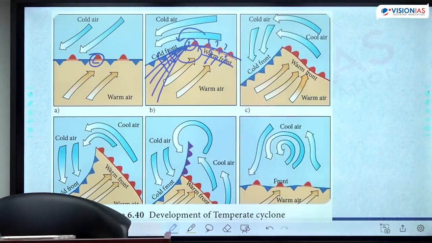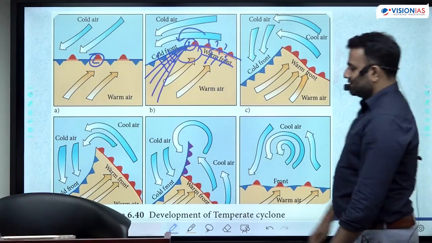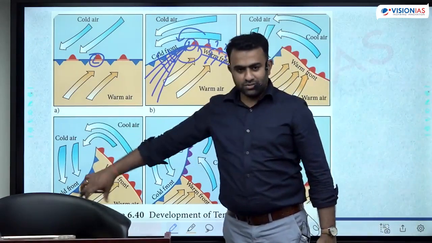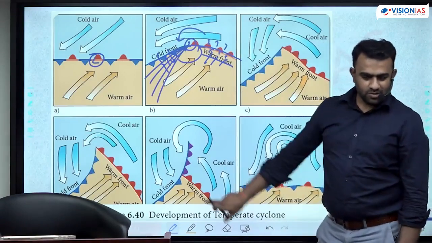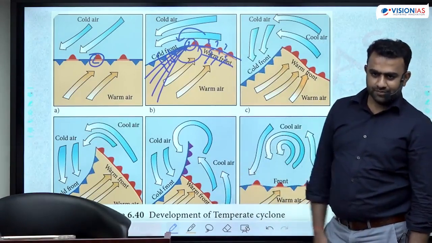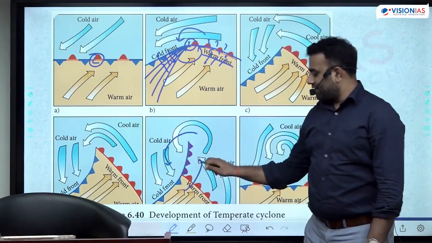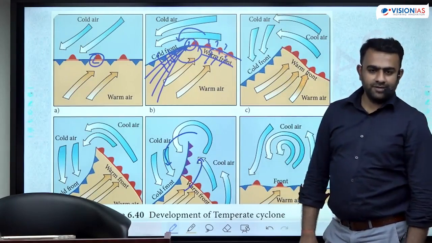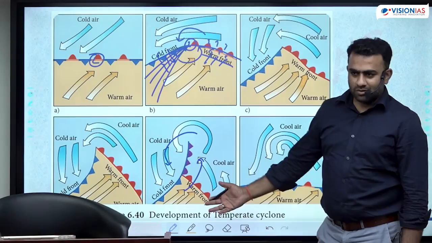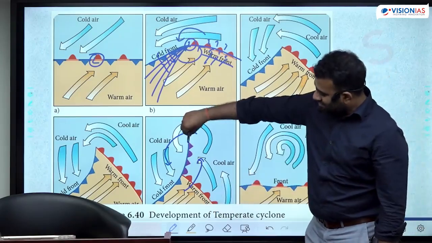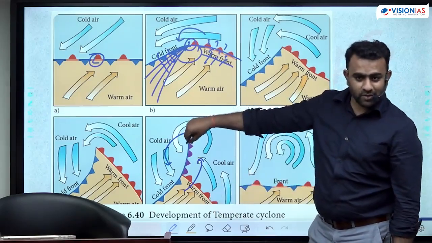That is the fourth stage. The fifth stage is where both the fronts merge together. That is what we call occlusion. Occlusion happens with the merging of the warm front with the cold front. Okay, that is what occlusion is. And it starts from this point, from where it diverged, it will start from there.